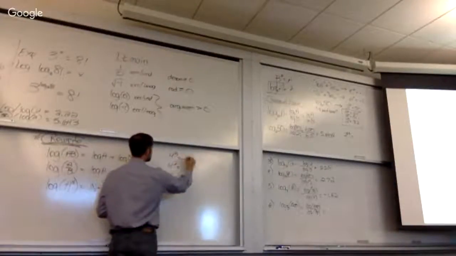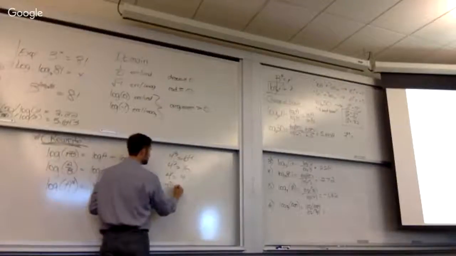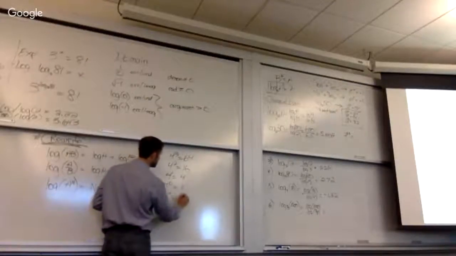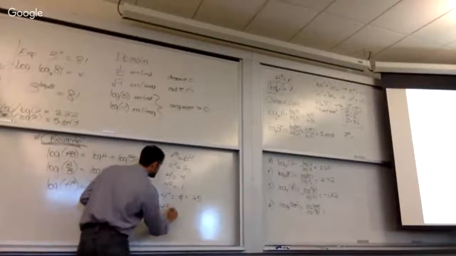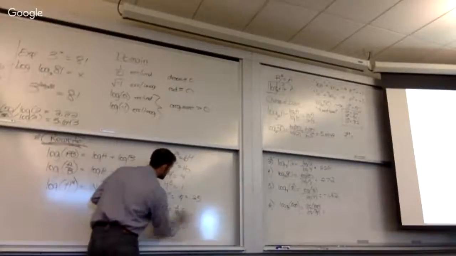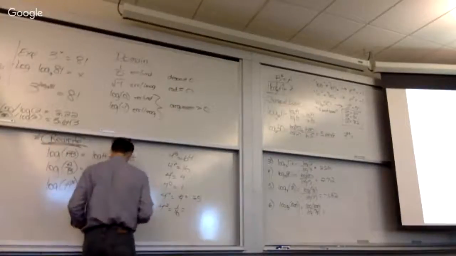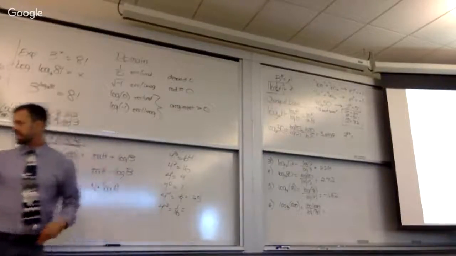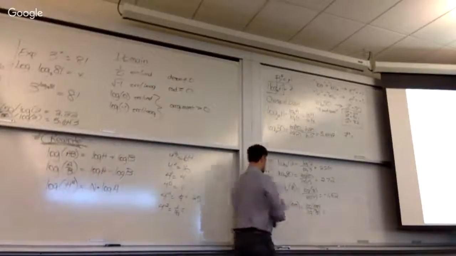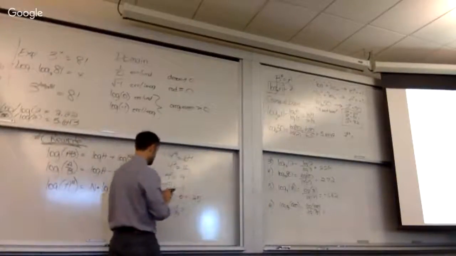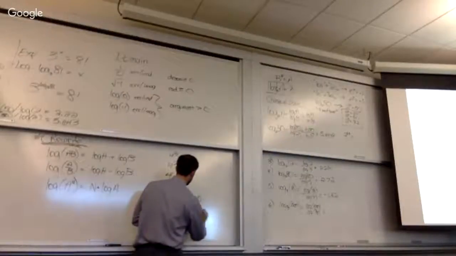So 4 to the 0 would be 1, and then 4 to the negative 1 would be a 4th, which is 0.25. And then 4 to the negative 2 would be a 16th, which as a decimal is 0.0625.